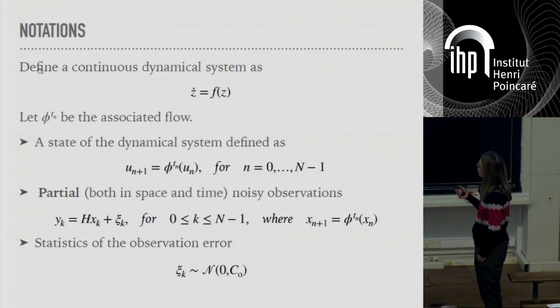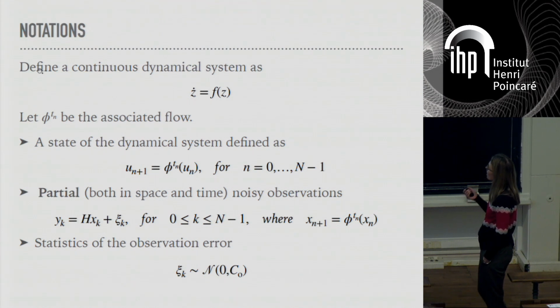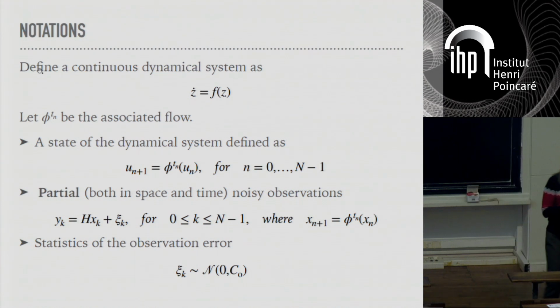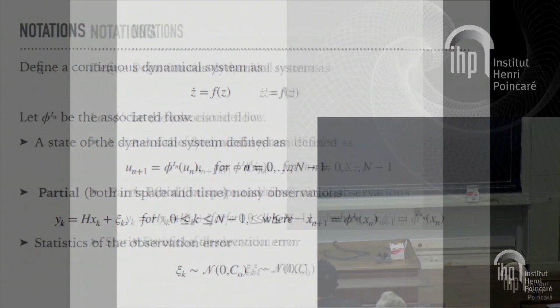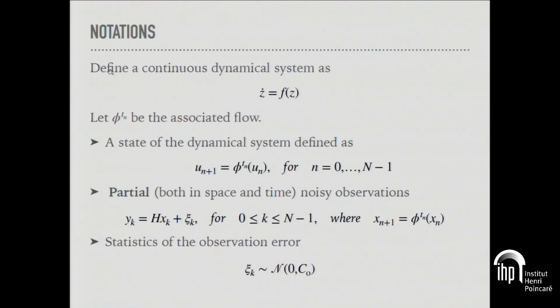And then I will call phi Tn an associated flow. So then what it means, it will be a numerical approximation of a dynamical system, right? So we have a PDE, and then we transform to the ODE. So we have u n plus 1 is equal to this mapping phi Tn from the previous time u n. And then this is a time index that goes from 0 to n minus 1.